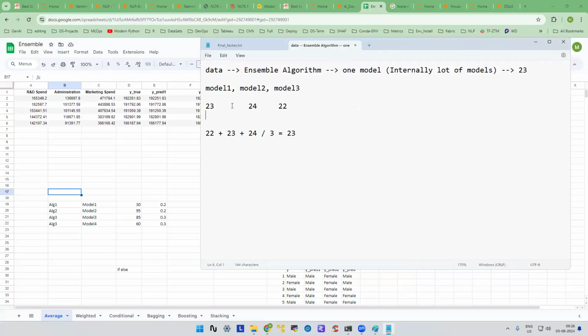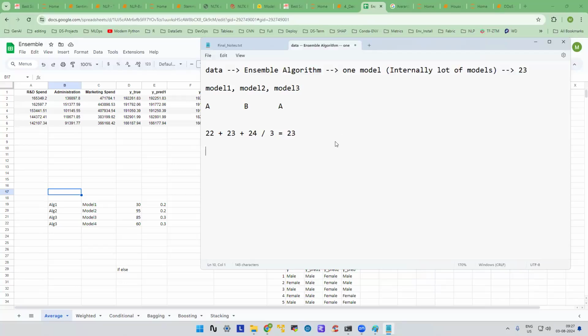Whereas for classification, let's take that this is A class, this is B class, and this is A class again. So binary classification, and it is going to be based on majority vote.